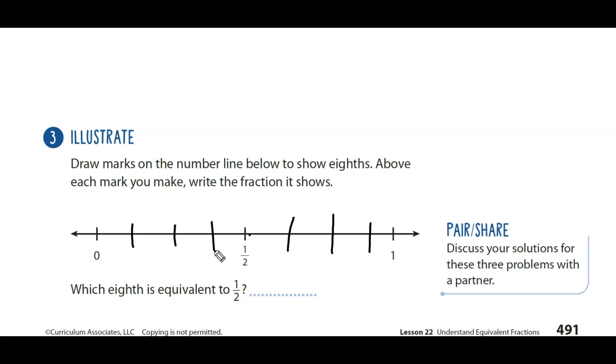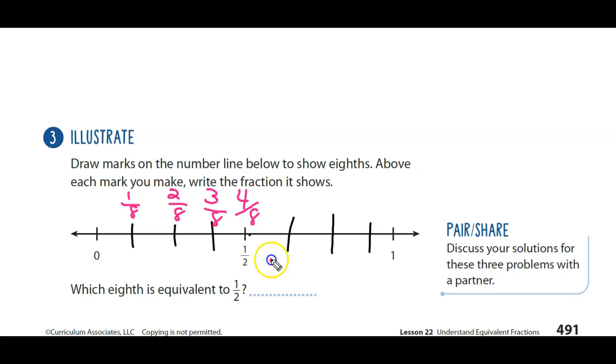It says which eighth is equivalent to a half. So now I have to write them down. What's the first one? How many eighths? 1/8. Then 2/8. Then 3/8. Then 4/8. So 1/2 is equal to how many eighths? 4/8.